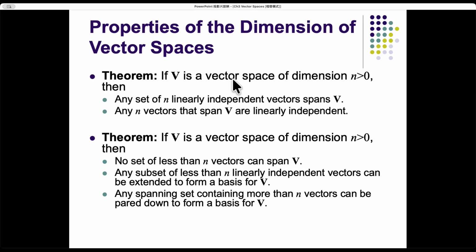Because we know V is dimension n, in other words, there exists a basis with n vectors, and these n vectors are linearly independent and they span V. So this is a given. And then we want to say any set of n linearly independent vectors spans V.